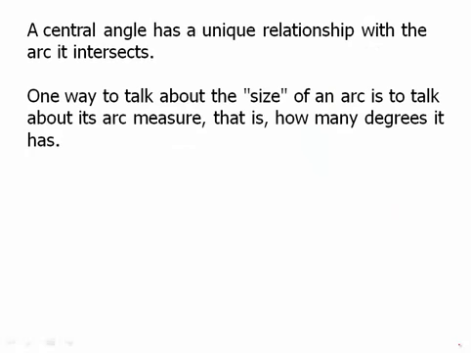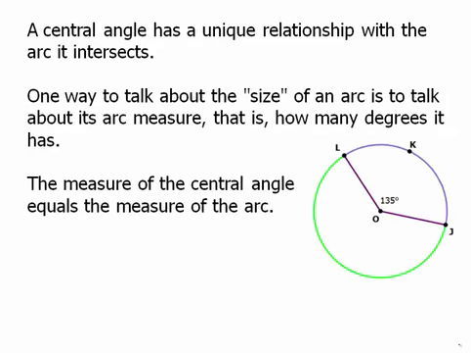One way to talk about the size of an arc is to talk about its arc measure, that is, how many degrees it has. The measure of a central angle equals the measure of the arc. So for example, here we have this arc that goes from J to K to L, and we have the angle. Because the angle equals 135 degrees, that automatically means that the arc from J to K to L is also a 135-degree arc.